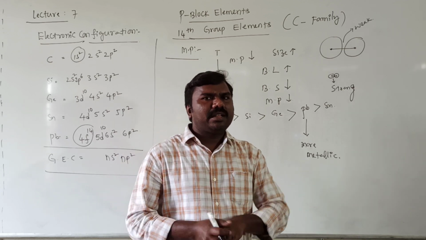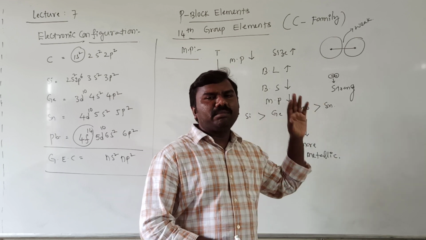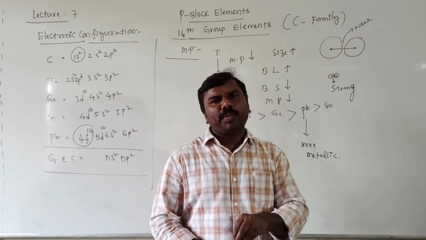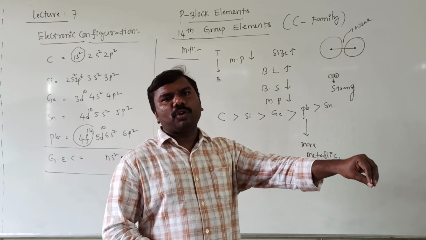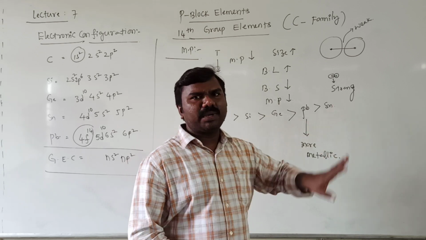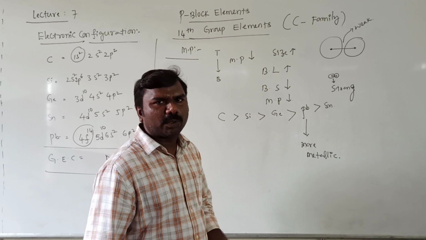So in that case, it can be easily melted. Because of that reason, tin has a lower melting point, and more metallic bonding is possible.